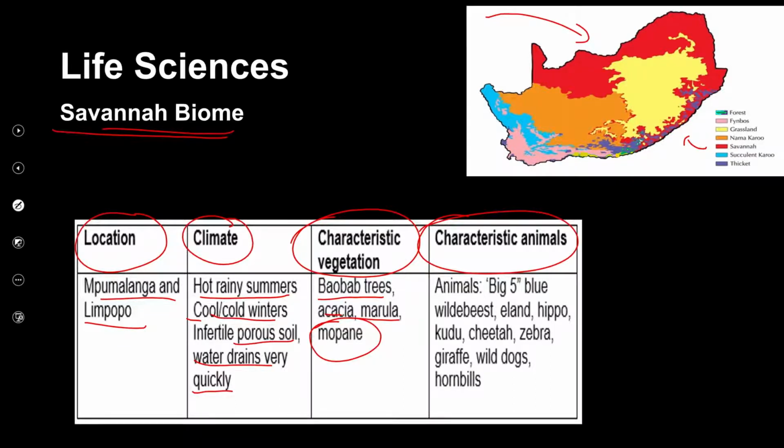If we talk of the characteristics of South Africa being identified by the Big Five, this is where you would find them. So your Big Five, typically seen and associated with South Africa, would be found in your Savannah biomes. We also see it being home to the wildebeest, the eland, hippos, kudus, cheetahs, zebras, giraffes, wild dogs, and your hornbills.